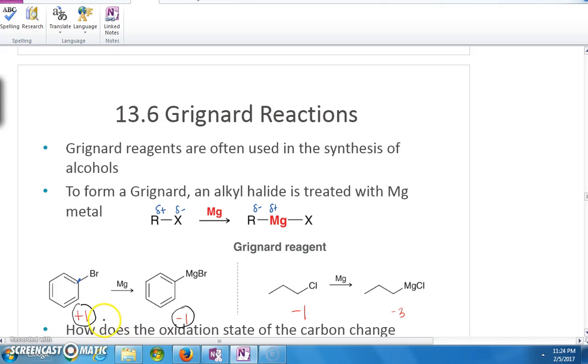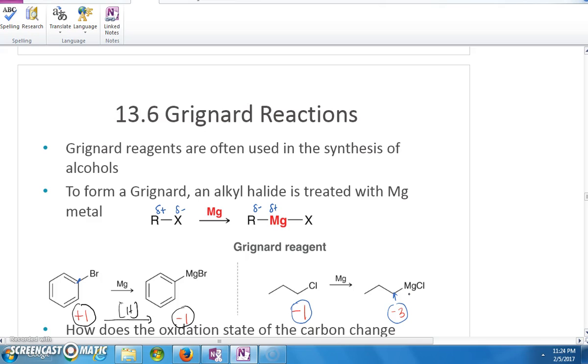So you can see here that a reduction has happened. You've gone from the carbon here, which is -1, to the carbon here, which is -3. That is a reduction.